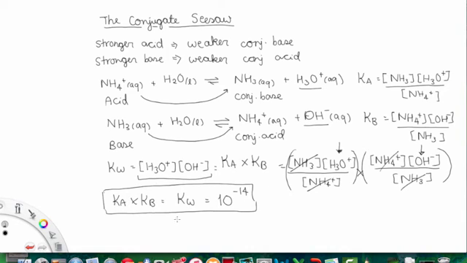When you look at this relationship, you can see that as Ka increases, Kb decreases. The same thing can be said where if you increase Kb, Ka would decrease. We can also take the log of both sides and get pKa plus pKb is pKw. All of these relationships are going to be really important when you start solving different equations.